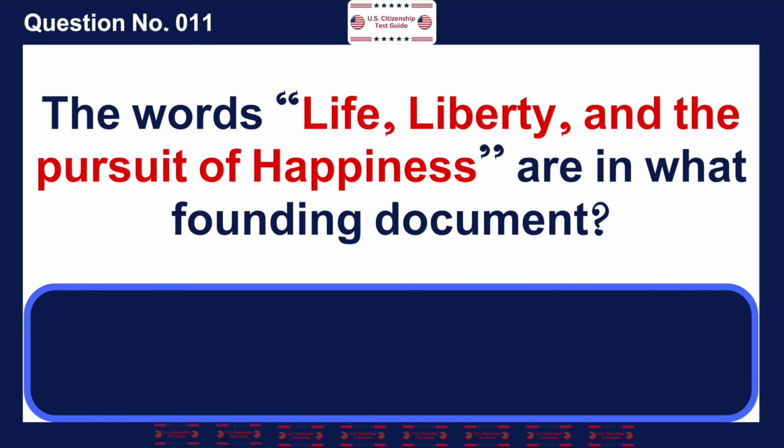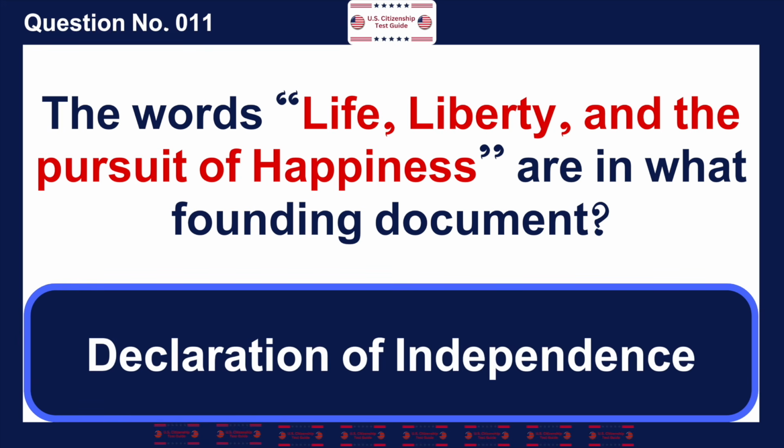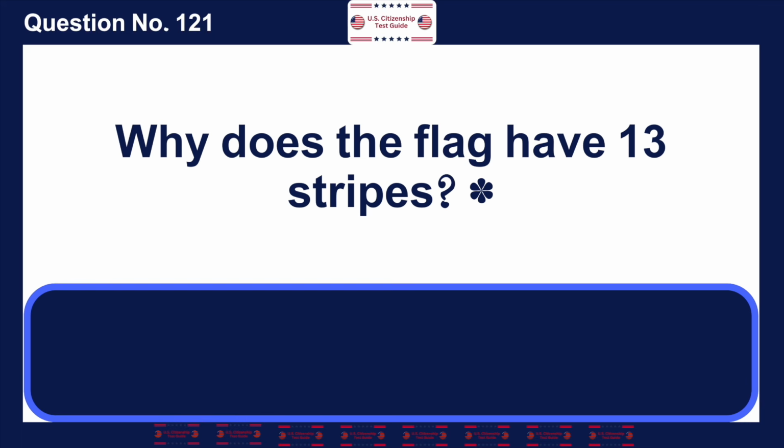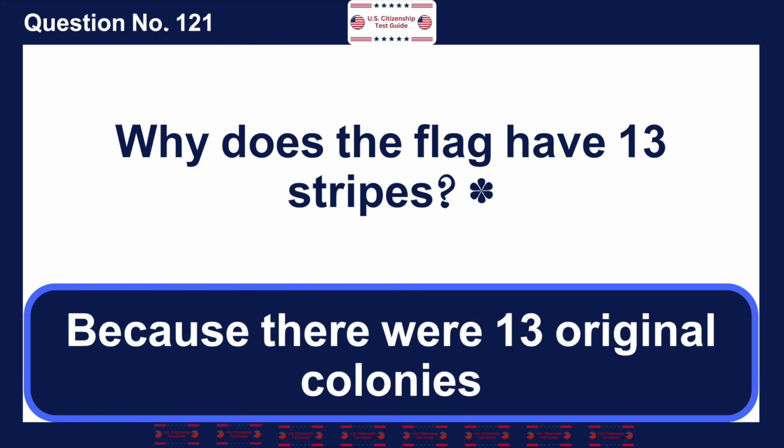The words life, liberty, and the pursuit of happiness are in what founding document? Declaration of Independence. Why does the flag have 13 stripes? Because there were 13 original colonies.